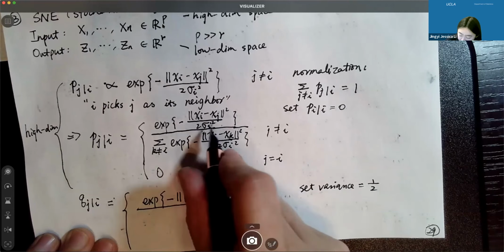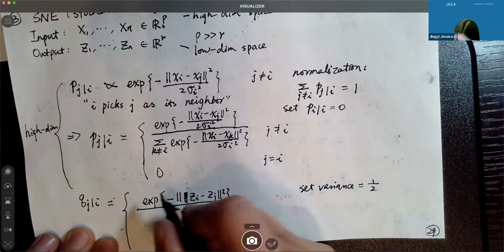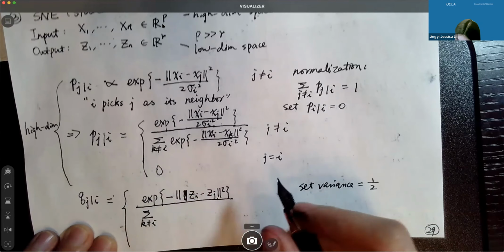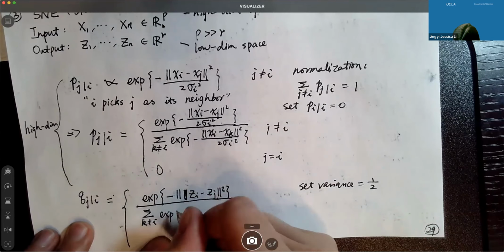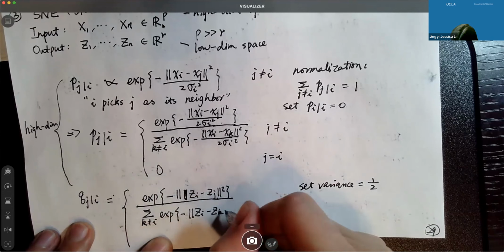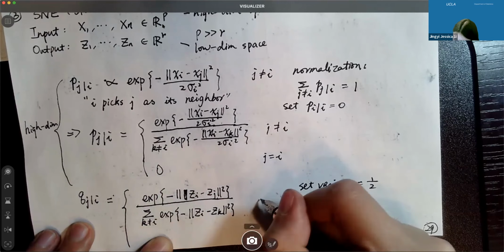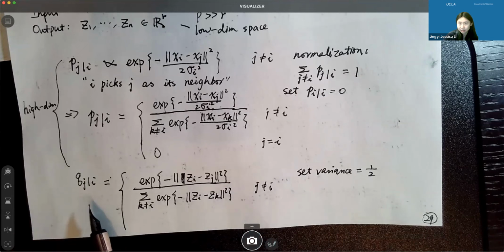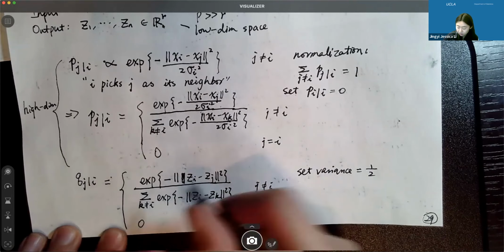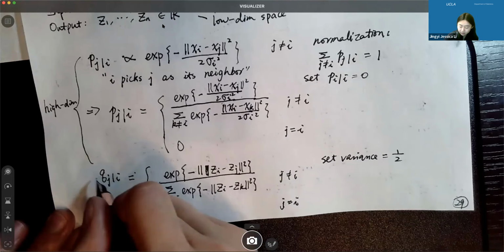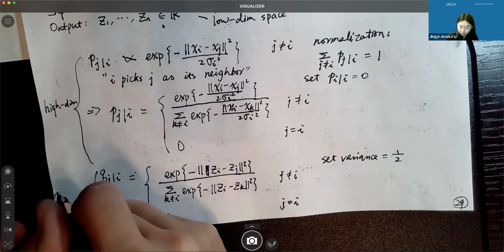So 2 times 1/2 is 1, it's gone. Normalized by all the points that don't equal i, z_i minus z_k. Okay, so for any j that doesn't equal i, this is the low dimensional probability that i picks j as the neighbor. And it's 0 if j equals i. Okay, so this is in the low dimensional space.